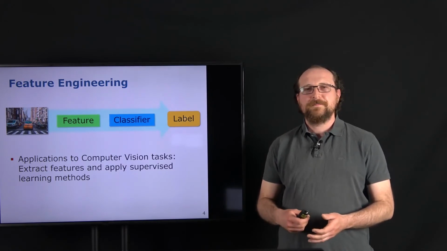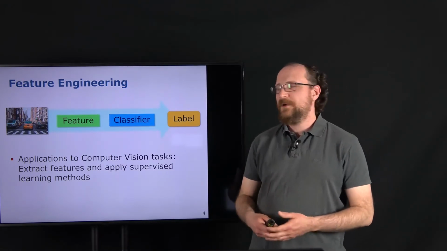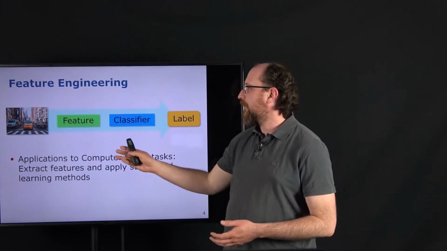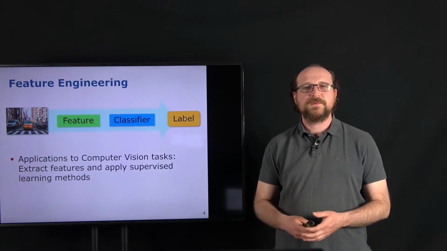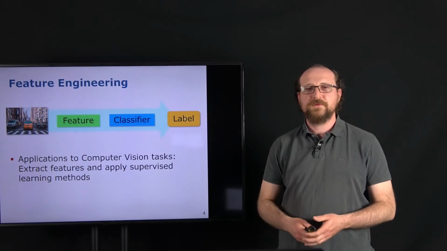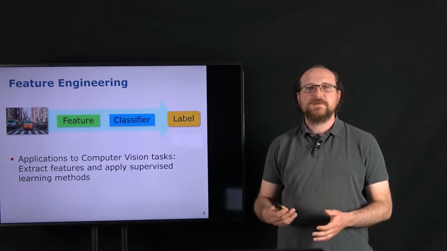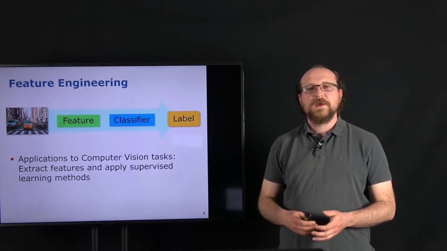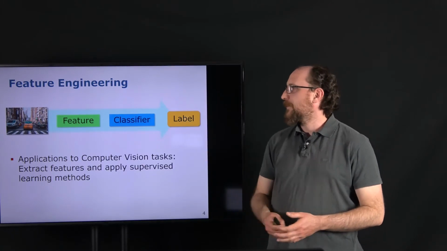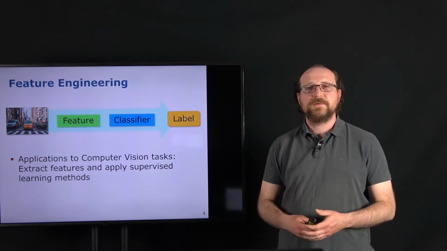So given an image, we usually want to first extract some features and then use some classifier on top of this. So this is really a two-stage approach. We are first defining our features and then applying the classifier. So there are two separate stages in this approach. And then in the end, we want to have, maybe in a supervised learning approach, a label.